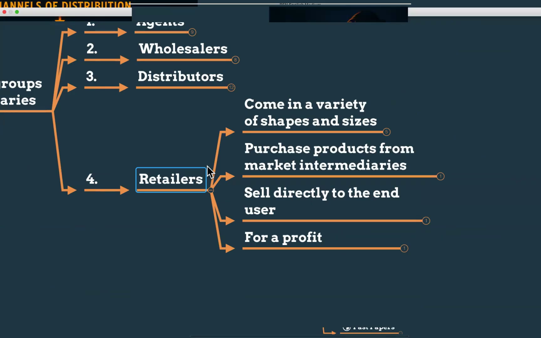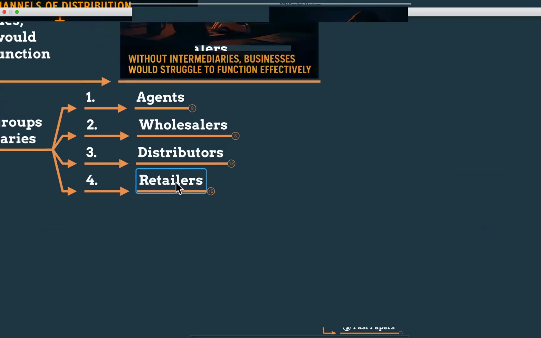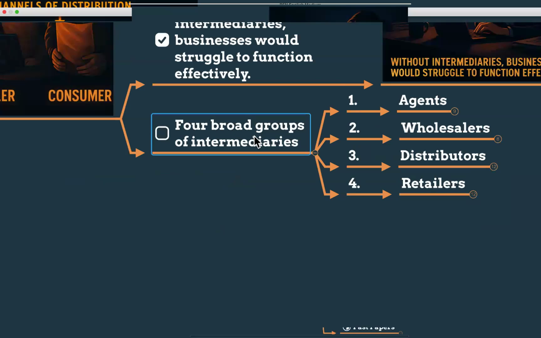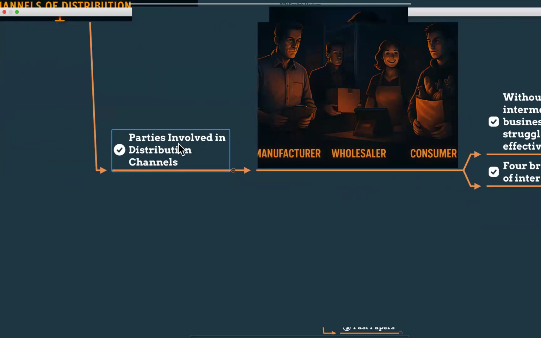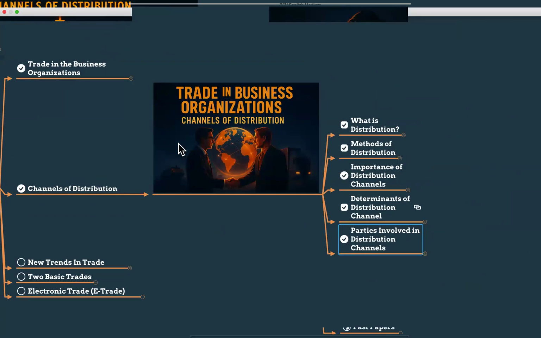You will give credit to them because they are your neighborhood people. So your profit comes from the markup you add, and you provide convenience. They don't need to go to the market, right? These are retailers, my dear. So these are the four broad groups of intermediaries you have to understand, right?